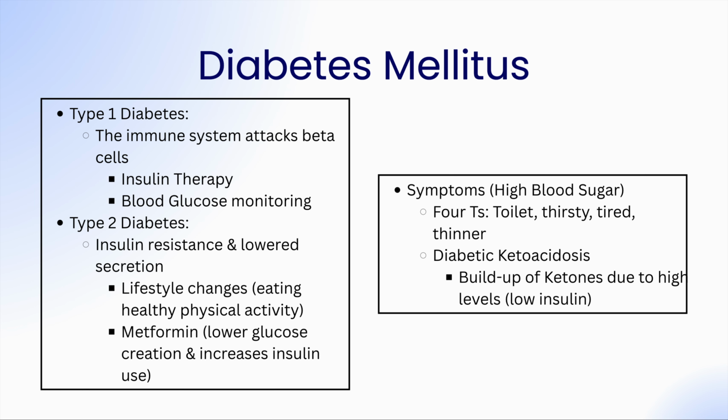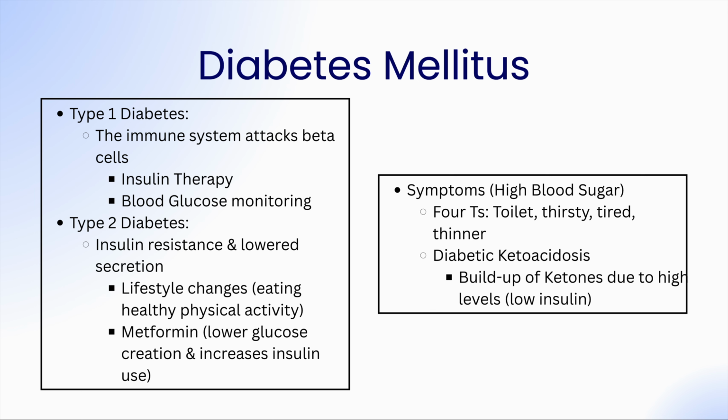This is the first level of symptoms, but eventually, if the insulin is not managed for way too long, it can lead to diabetic ketoacidosis, which is what happens when there's a buildup of ketones due to high levels of glucose in our bloodstream, because the insulin isn't there to help absorb it or control the levels.